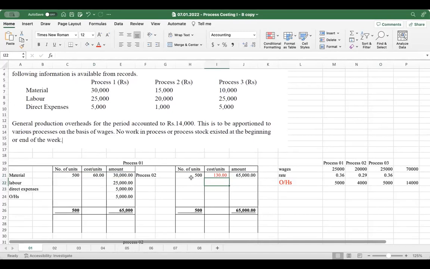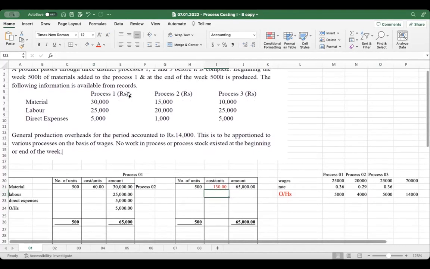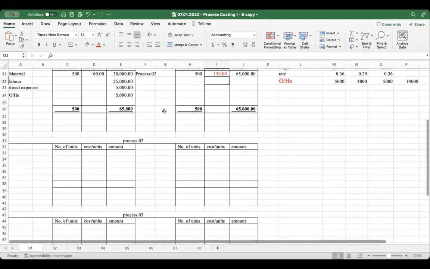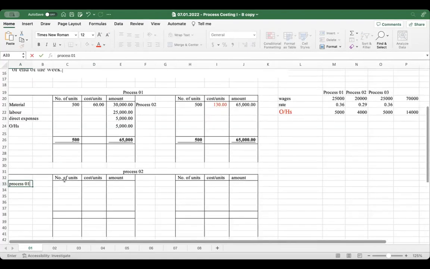Okay, now 500 won't change because they say input also 500, output is also 500. Then process 2. First we take the value that we brought forward from process 1, 500 units at 130 rupees, 65,000.